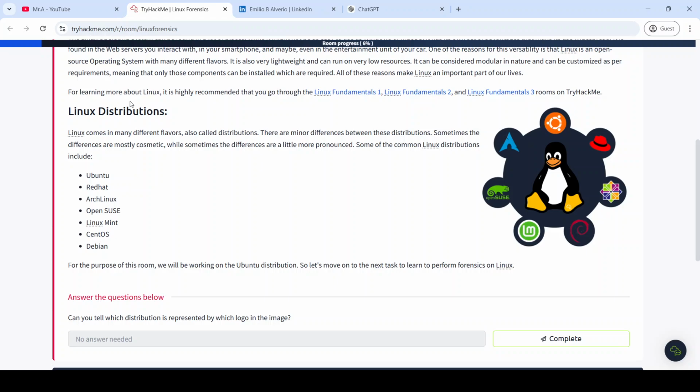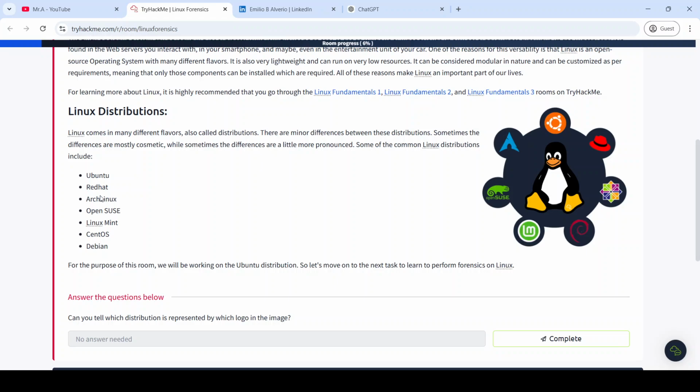For learning more about Linux, it's highly recommended that you go through Linux Fundamentals 1, Linux Fundamentals 2, and Linux Fundamentals 3 rooms on TryHackMe. Linux distribution. Linux comes in many different flavors, also called distributions or distros. There are minor differences between these distributions. Some of the differences are mostly cosmetic, while sometimes the differences are a little more pronounced.